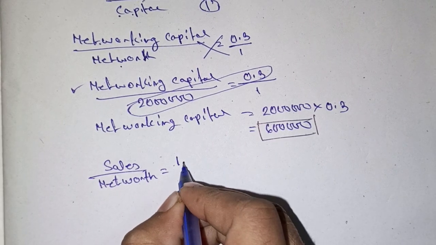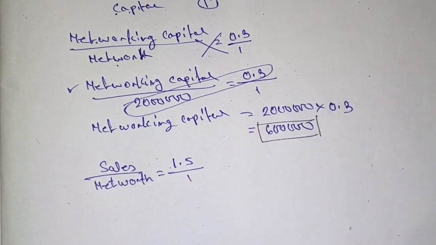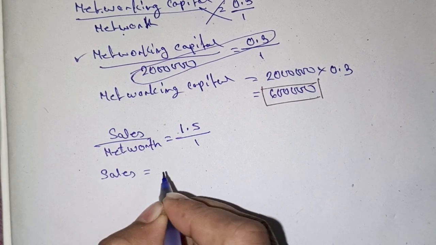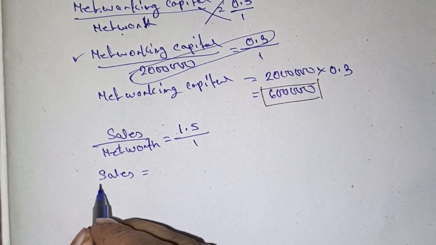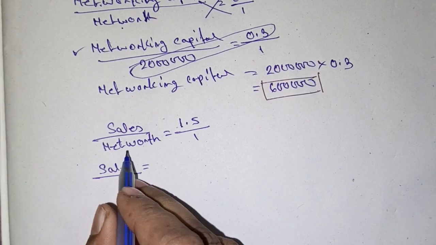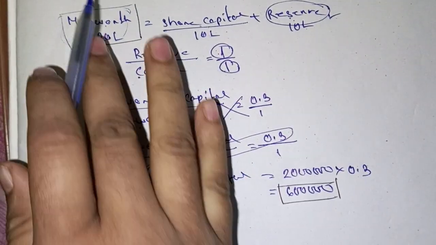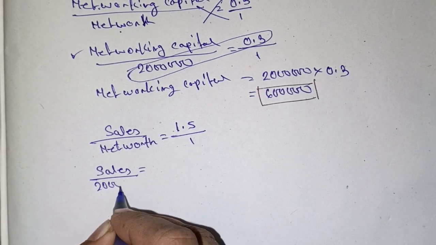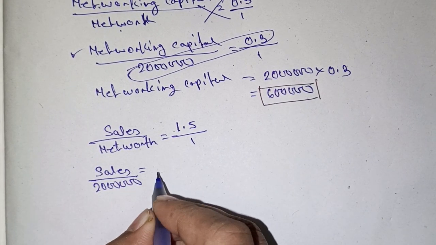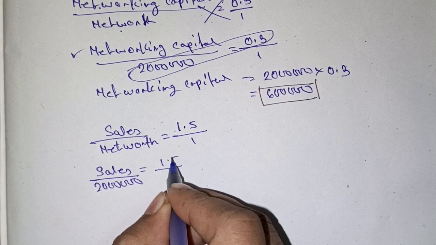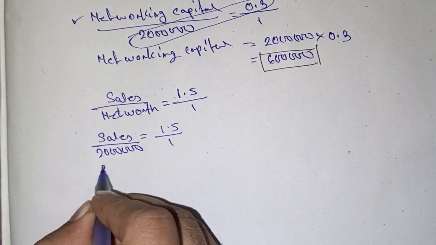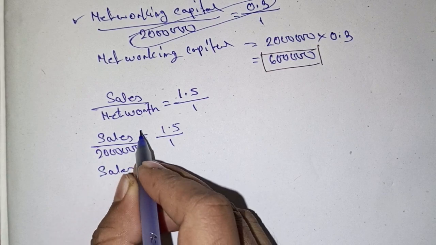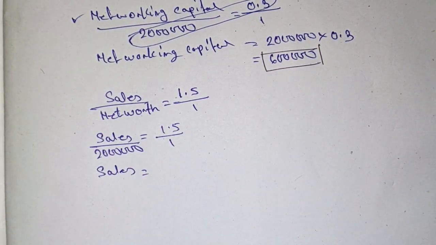So 1.5 by 1. So for our sales, sorry, we have to put the net worth value, that is 20 lakhs. So 20 lakhs equal to 1.5 by 1. So sales will be 20 lakh multiplied by 1.5.